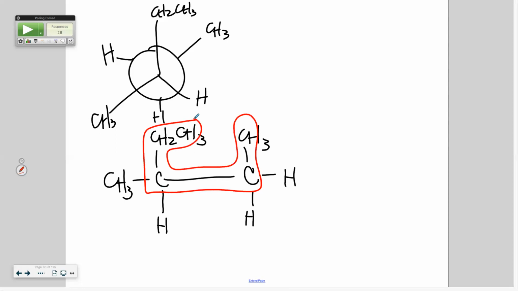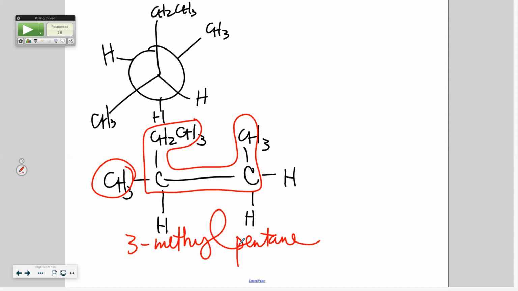Okay, so your base name is? Okay, and then what else we got? A methyl, and which way do you want a number? It doesn't matter, it's going to be 3 either way, agree? So it's going to be 3 hyphen methyl pentane, all one word.